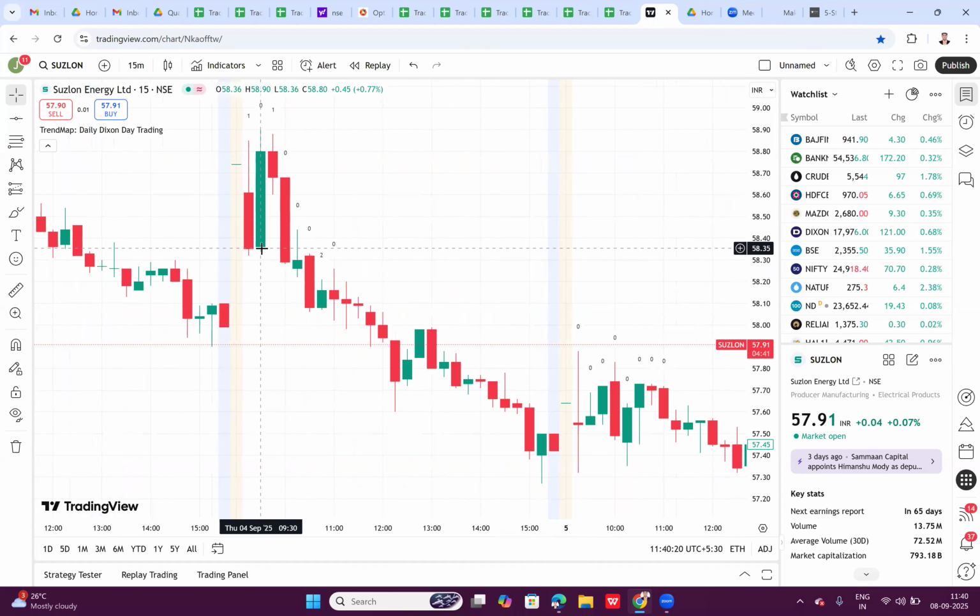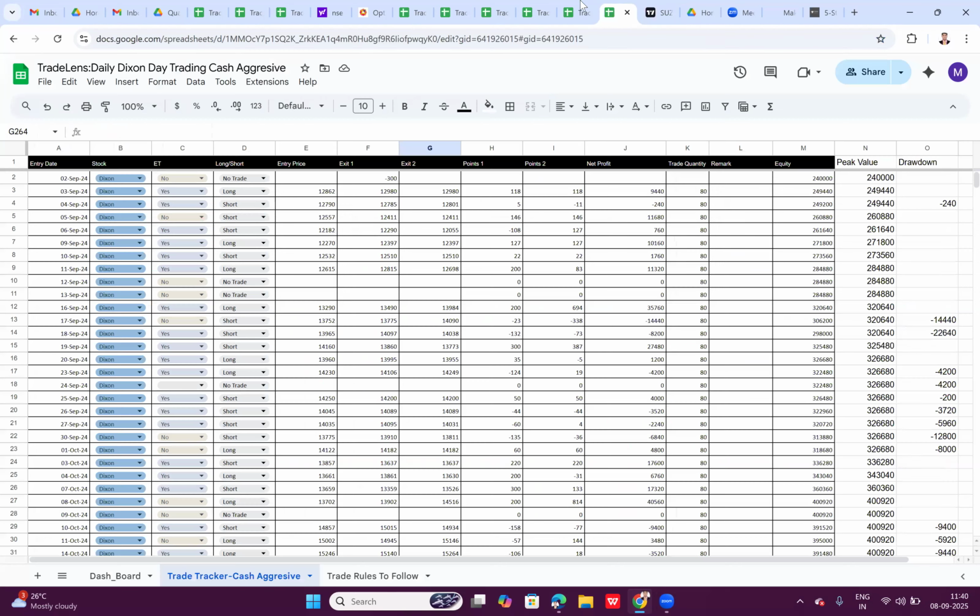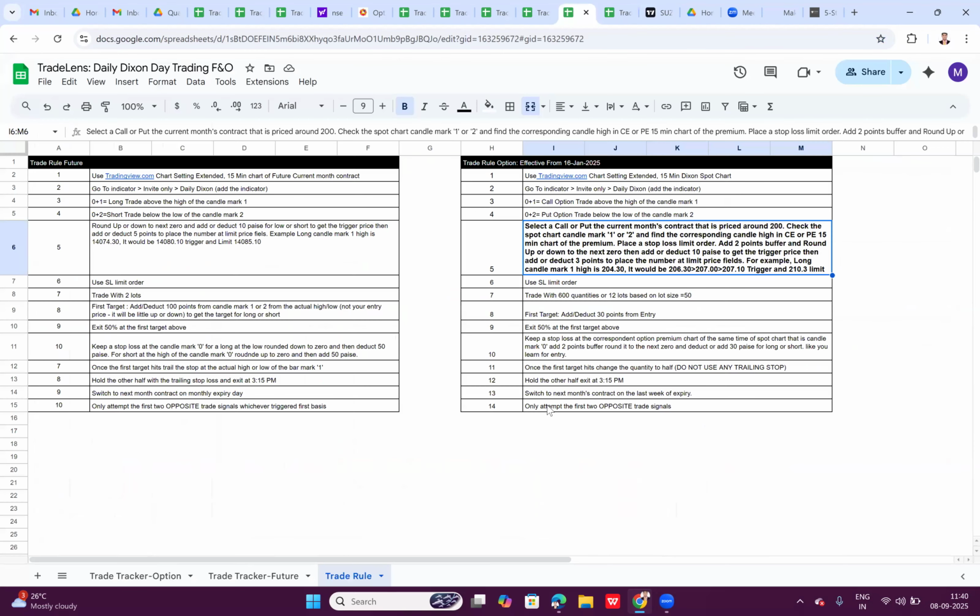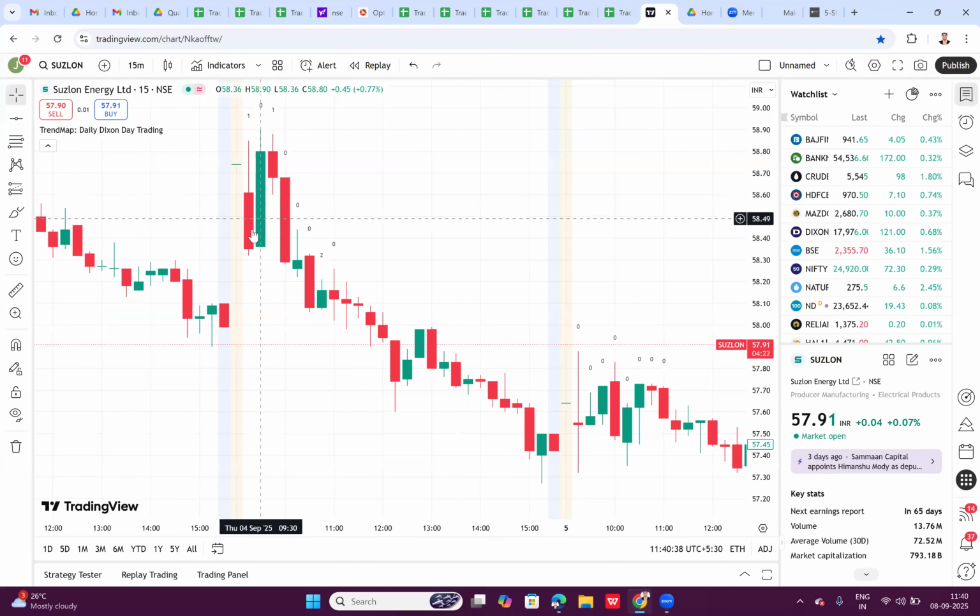follow the first two opposite direction trades, right? We have to trade as per the rule of the first two opposite direction trades. This rule number 14 we have to apply. We got two opposite direction trades. First, on the first candle we got 1, on the second candle we got 0. 1 plus 0 is not a setup, because the setup is 0+1 or 0+2.